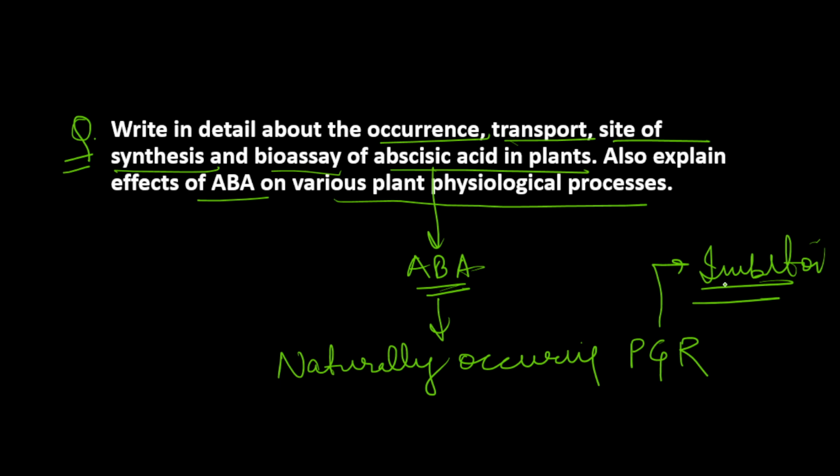In the PGRs, there are promoters and inhibitors. Generally ABA and ethylene are known as inhibitors, whereas cytokinin, gibberellic acid, and auxins are known as promoters. So please do remember it. If you write 1-2 lines of introduction focusing on PGR, that would be more than enough.